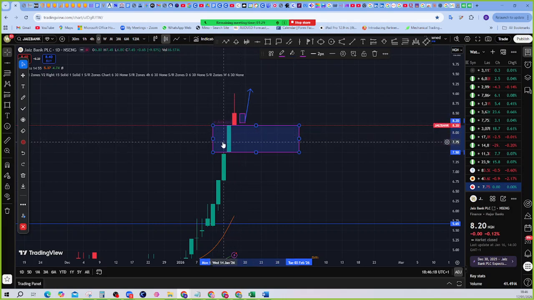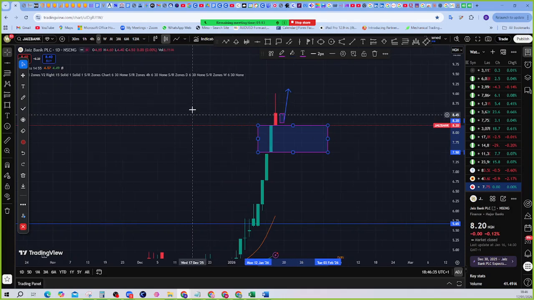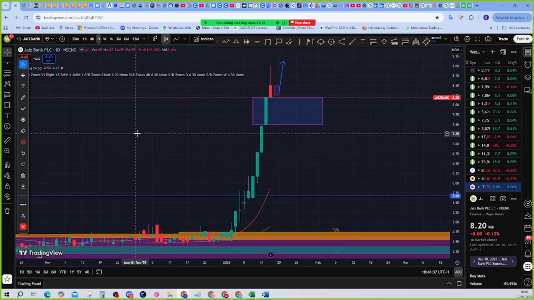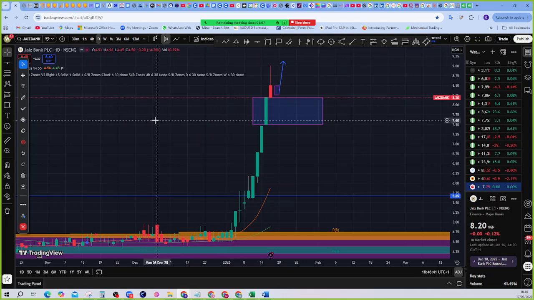But if you have this stock and you did not sell at around 9 naira, then this coming week you should be able to sell at 9 naira, because we did not have a pullback. This has been higher high, higher high, higher high, even though it's an opposite candle, but it's still a higher high. So it's a continuation pattern. Hold your stock back to that high, then watch price action around that level.